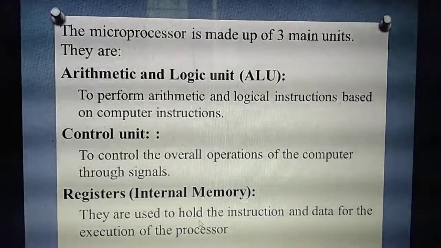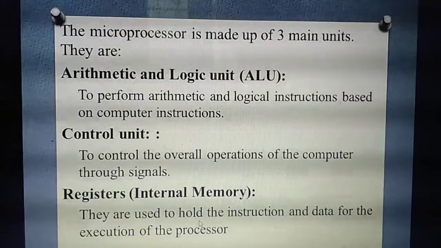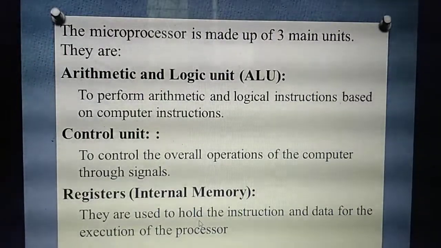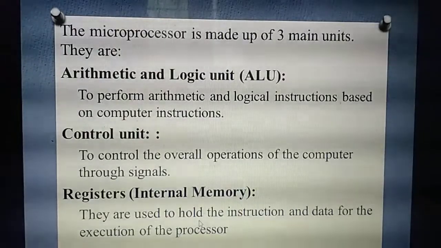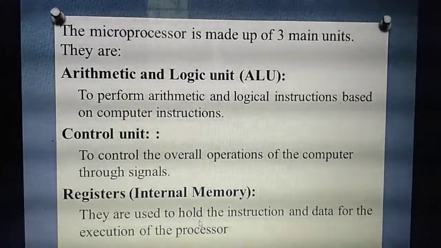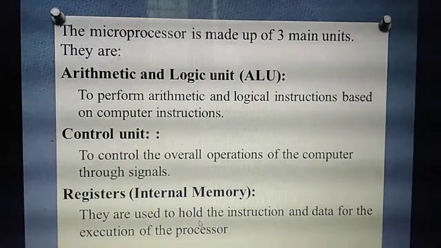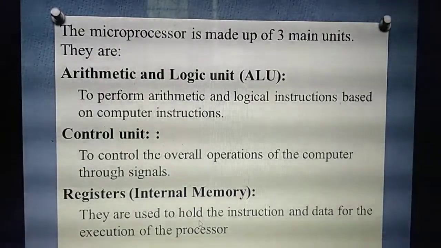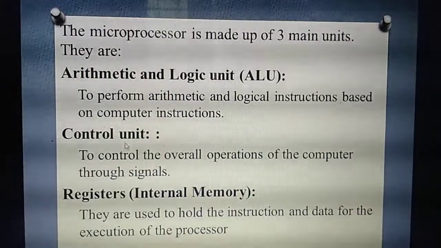So you need to add five numbers; that is the instruction, and based on that instruction it will perform the calculation. Logical operations are mainly described in the second unit. I will take logical operations at the last. That is the use of the arithmetic and logic unit. Next thing is the control unit.